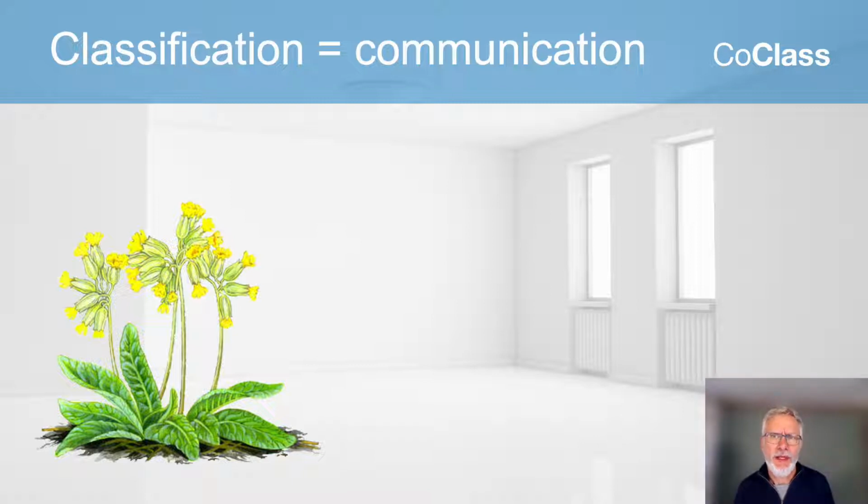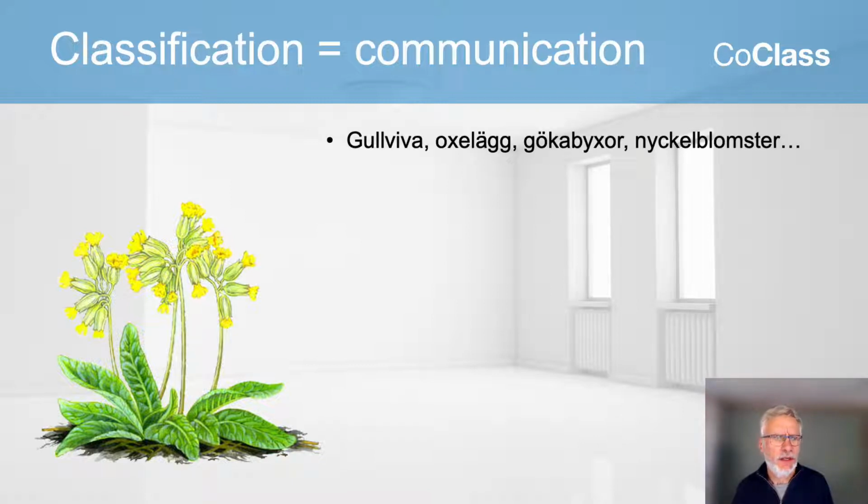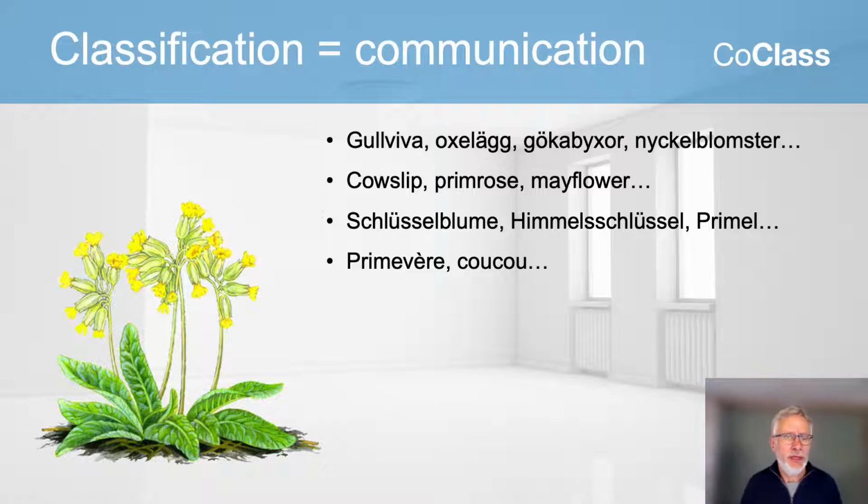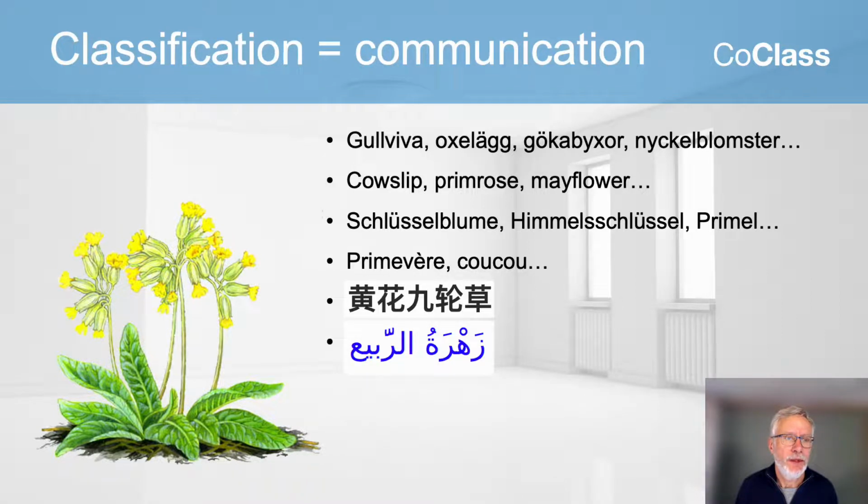To classify, for instance, plants, you can have local names, some Swedish names, British names, or English names, German names, French names, and so on. And this will be very difficult to communicate with all if you don't know all these languages, even Chinese or Arabic.